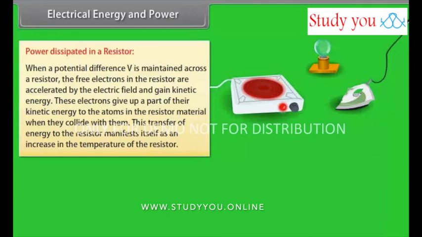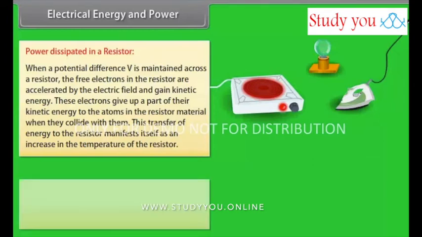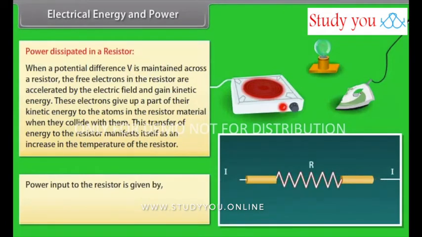This transfer of energy to the resistor manifests itself as an increase in the temperature of the resistor. Power input to the resistor is given by P is equal to VI, which is equal to I square R, which is equal to V square divided by R.